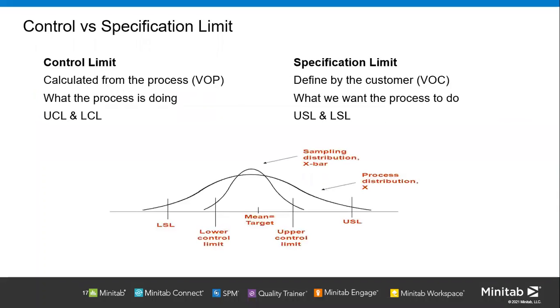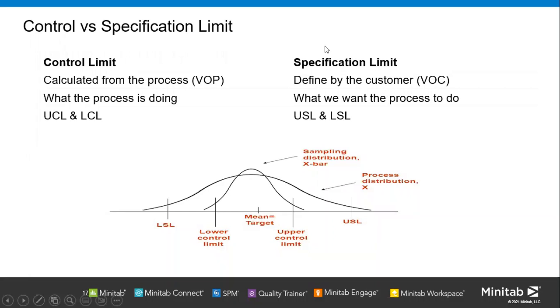Two terms must be clear before you go further. One is the control limit. The control limit is calculated from your process, meaning that if you have not collected your data set, you cannot have the control limit. But the specification limit is defined by your customer or by your design, meaning that before your process starts, you already have the specification limit.